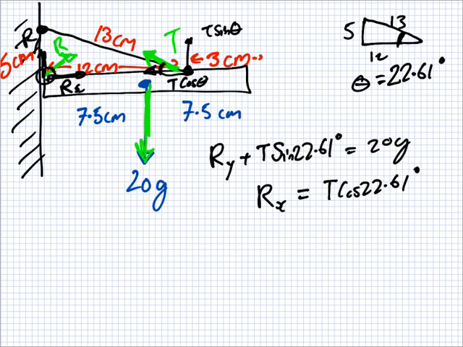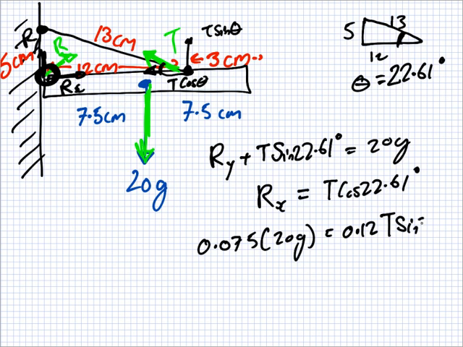I still need to make one more equation. I'll use this as my turning point. So I'll get 0.075 times 20G. That will equal 0.12 times T sine 22.61 degrees.